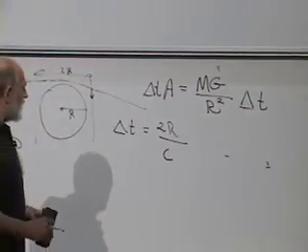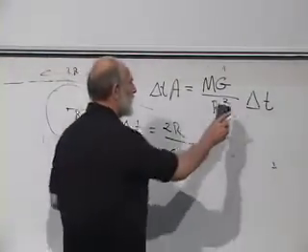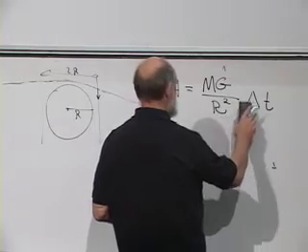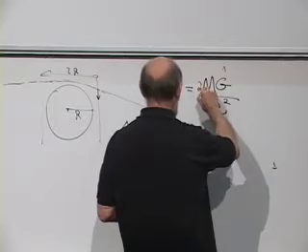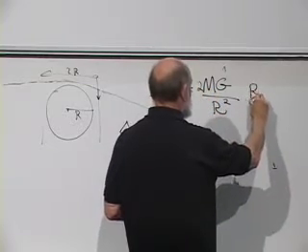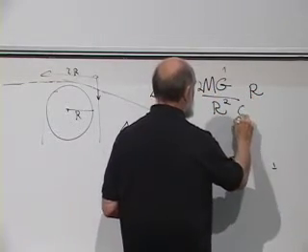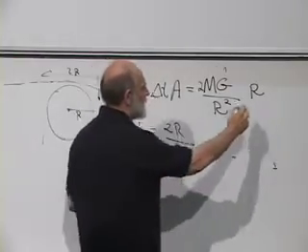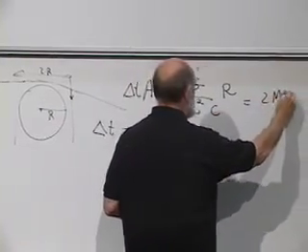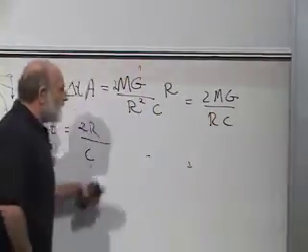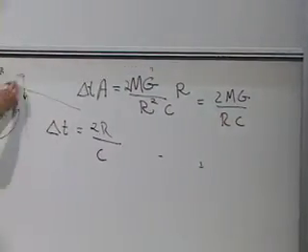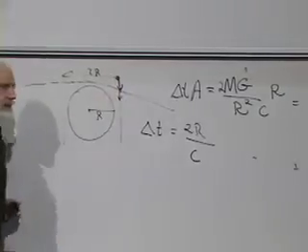Let's plug that in. That gives us another 2, but the 2 is not important. That's twice mg over rc. That's the downward component of velocity here.